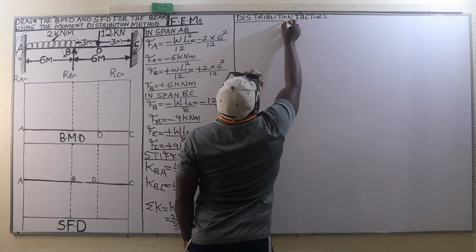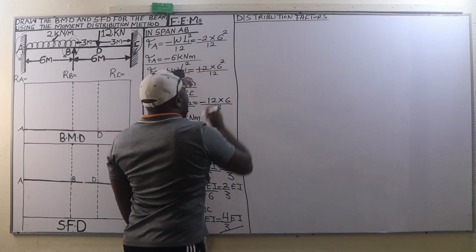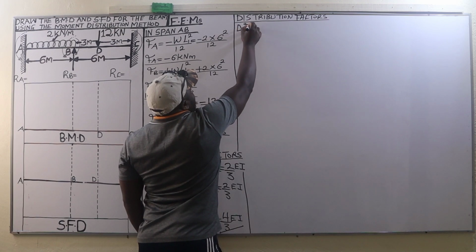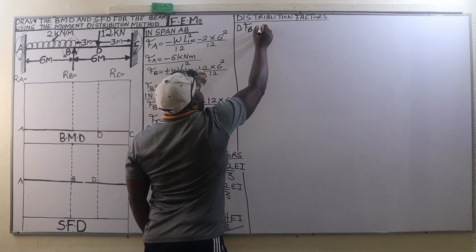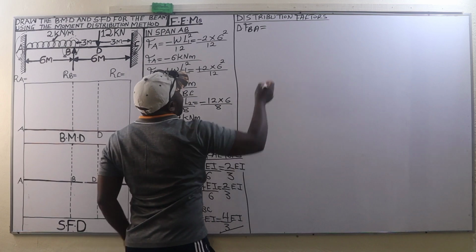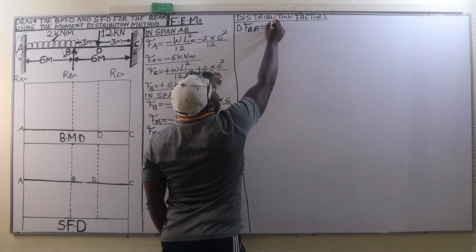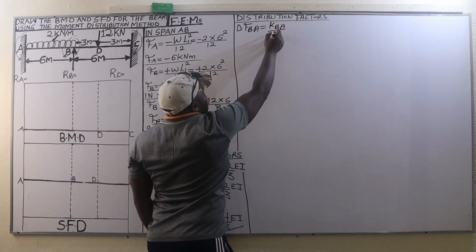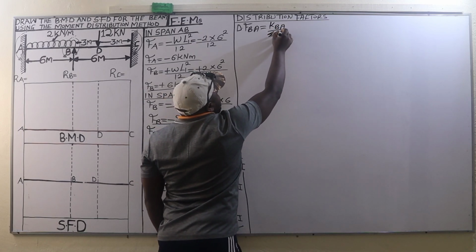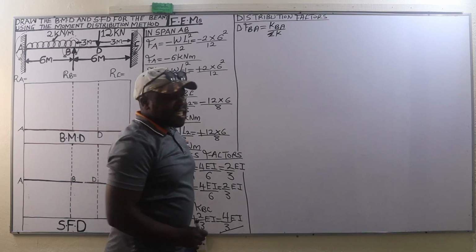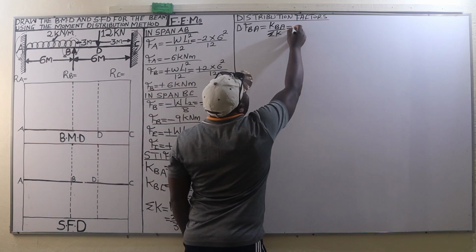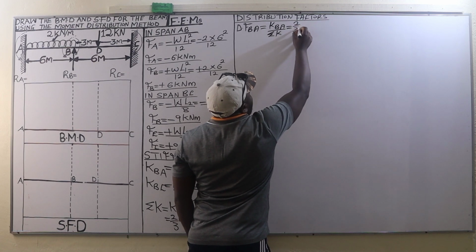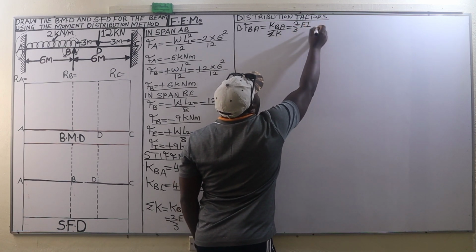Distribution factors. Likewise, we are going to begin with the distribution factor for member BA. That's going to be given by the stiffness factor for member BA divided by the summation of the stiffness factors, which will be equal to, stiffness factor for member BA is 2/3 of EI.